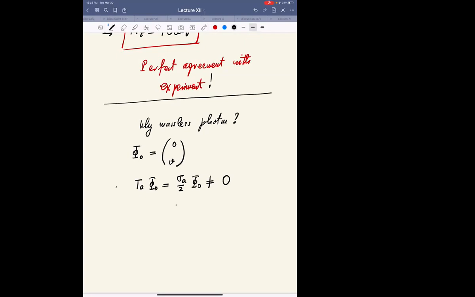This is equivalent to saying that SU(2) charges, all three of them, are broken. Also hypercharge acting on phi_0. Since this is equal to phi_0, this is of course not 0. It's 1. So this is equivalent to saying that U(1) hypercharge is broken.